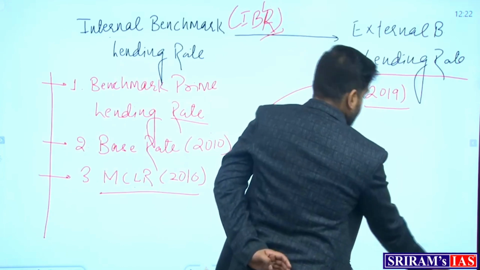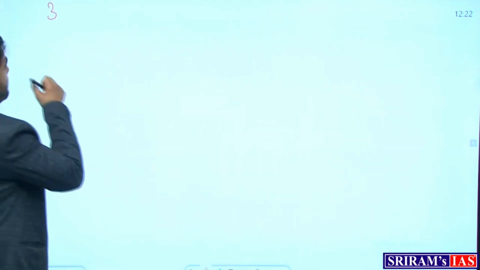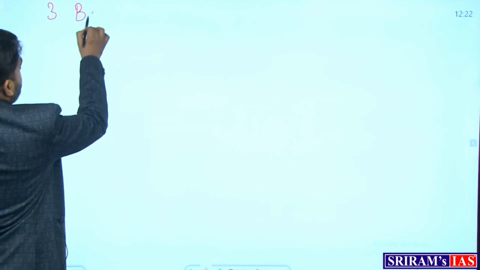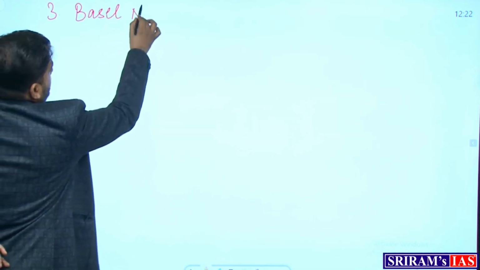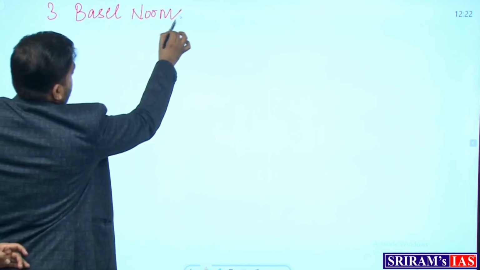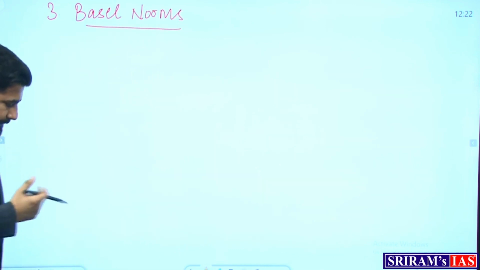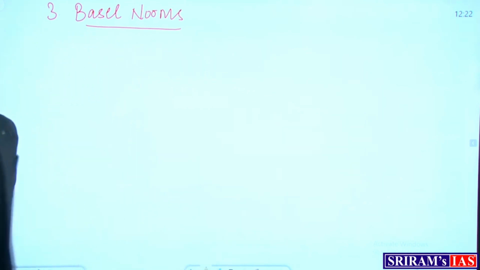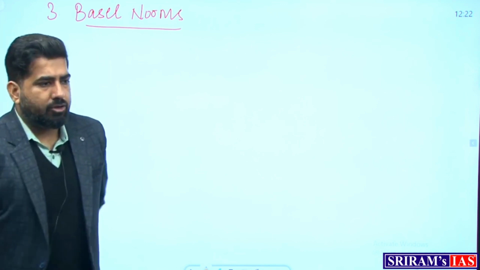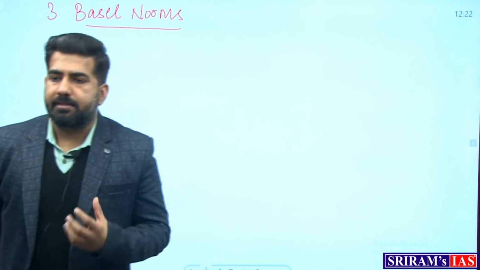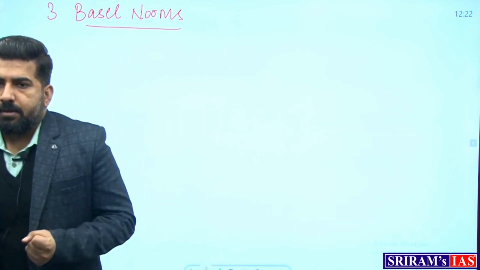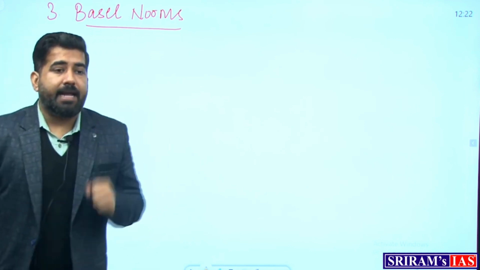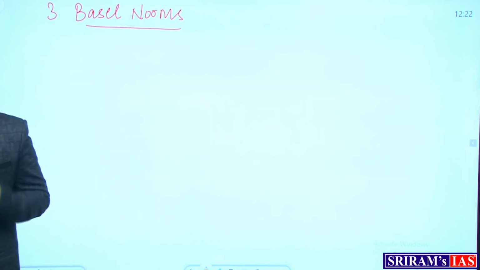See, if I talk about the banking system, tell me, is the banking system operating in a multiple risk environment or not? Let me tell you the different types of risk which the bank faces.